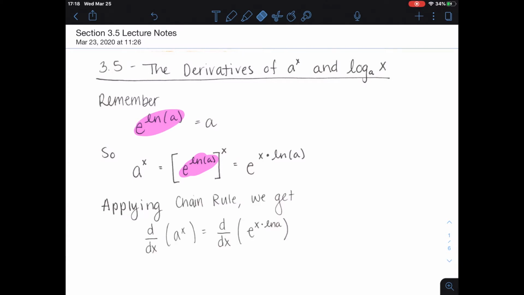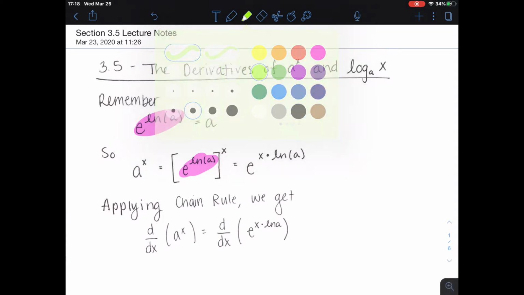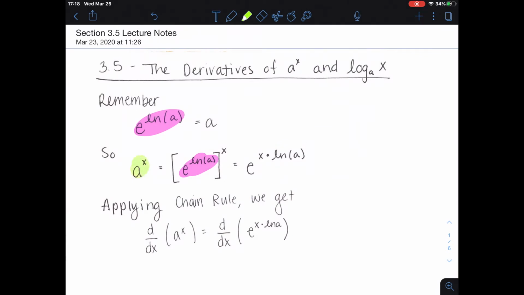So the derivative with respect to x of a to the x, which is here, is the derivative with respect to x of this, which we know is just itself, and then because it's not just x up top, we've got to apply chain rule.